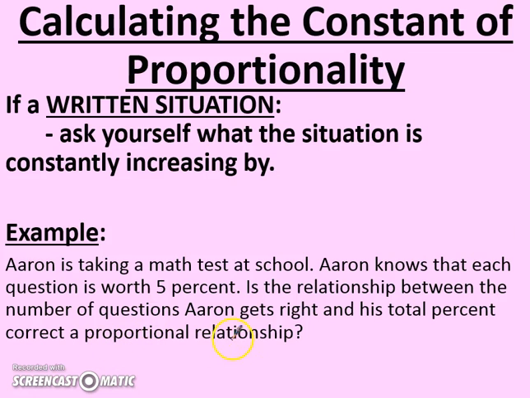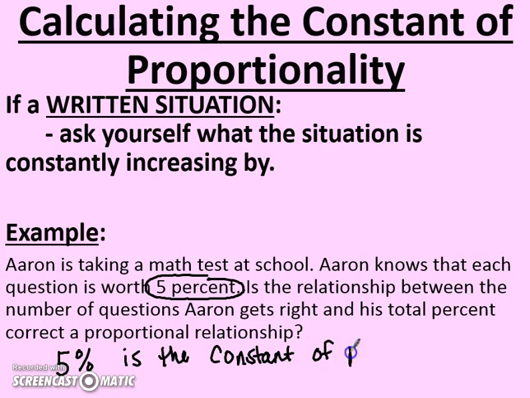Yes, this is a proportional relationship. Remember how we said that it constantly goes up by 5%? Well, this going up by 5% is the constant of proportionality. 5% is the constant of proportionality. That is exactly what it is constantly going up by.